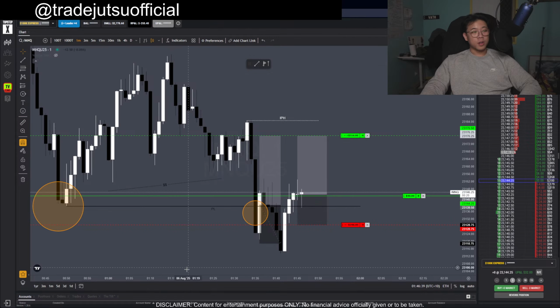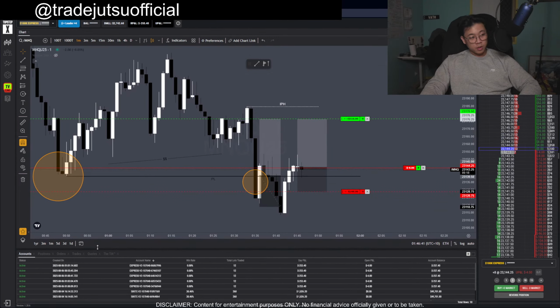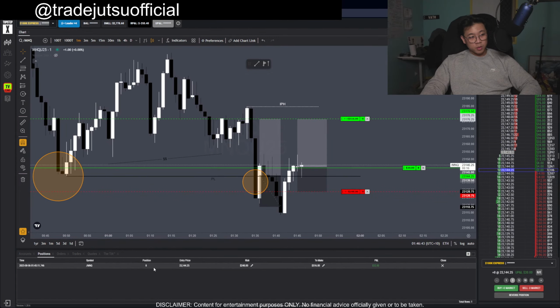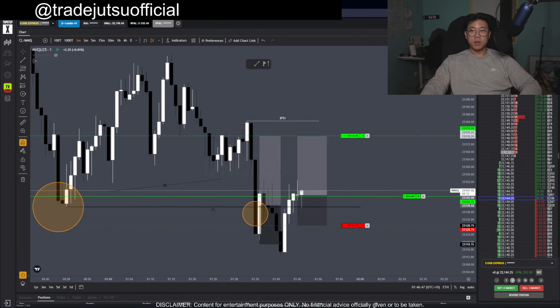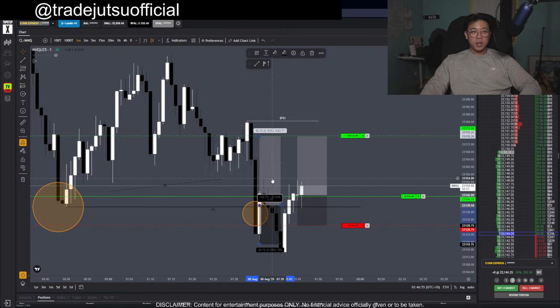So when did I enter this one? Position's 145. Okay. Yes. Alright, I'm going to journal this one in. This will be the last trade. This is my 6th trade of the day. Very all over the shop today.